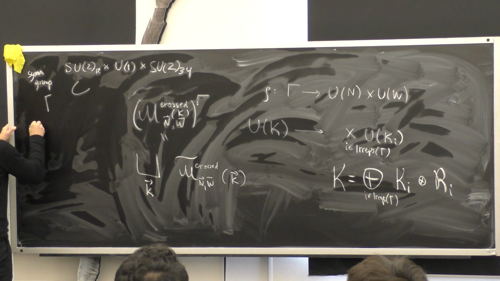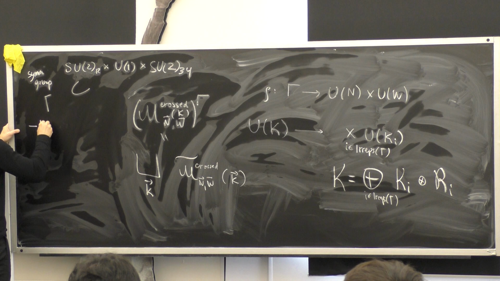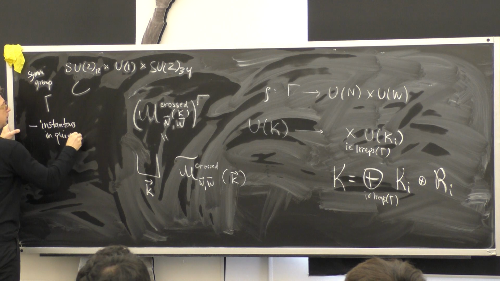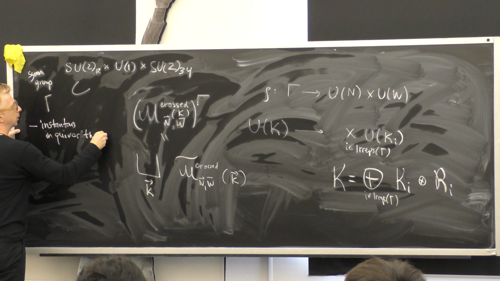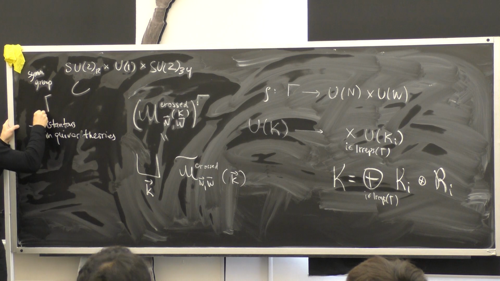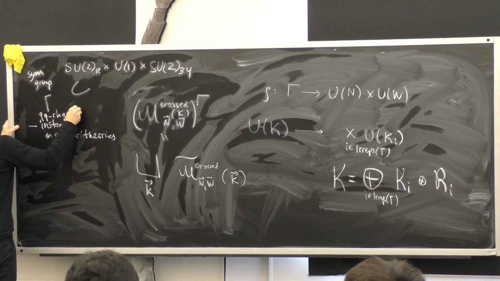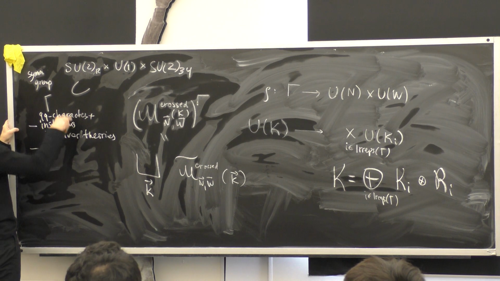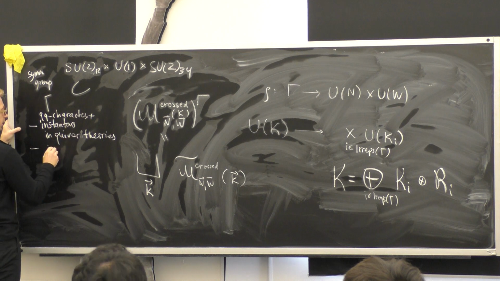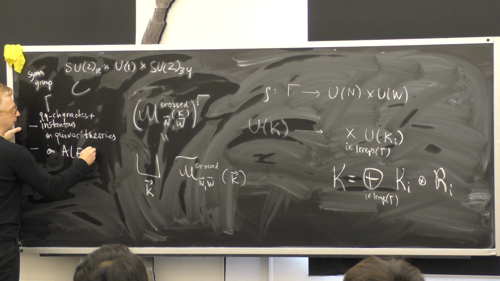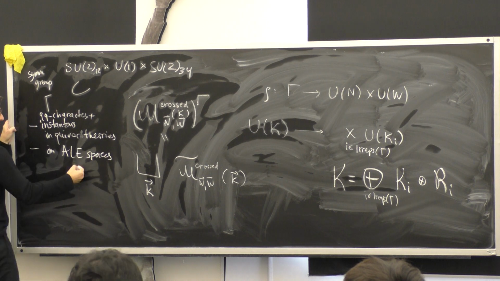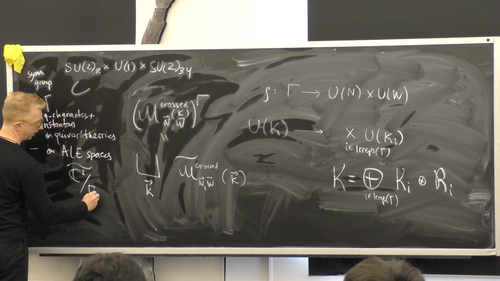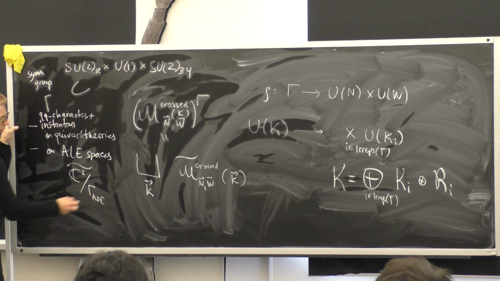So that covers, let me just list it: QQ characters plus instantons in quiver theories on the ALE spaces. Remind you, these are resolutions of singularities of the orbifold, by one of the ADE subgroups of SU(2).